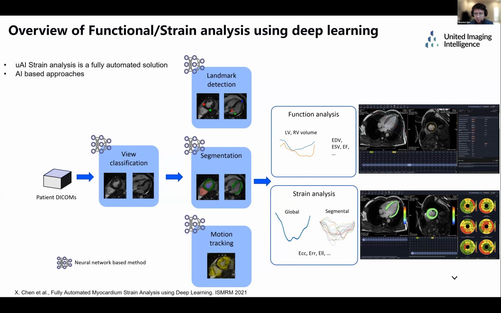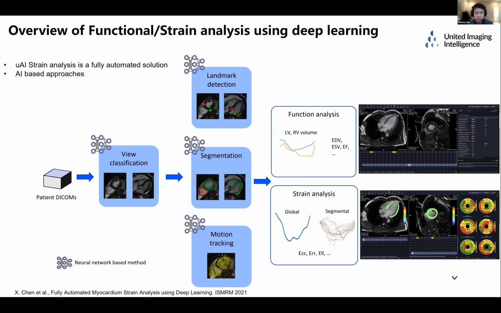First, once we get the DICOM data, we use deep learning to do the view classification. We let the machine know which video is short axis, which is a 2-chamber view, 3-chamber view, or 4-chamber view, long axis views. Then we send it into the next component, the landmark detection.